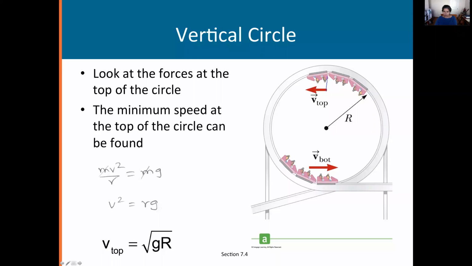So at the top, you have mg acting downwards, yeah? And you need to provide centripetal force here, yeah, to keep in the circle. If your mg is greater than your centripetal force, you're just going to fall straight down.